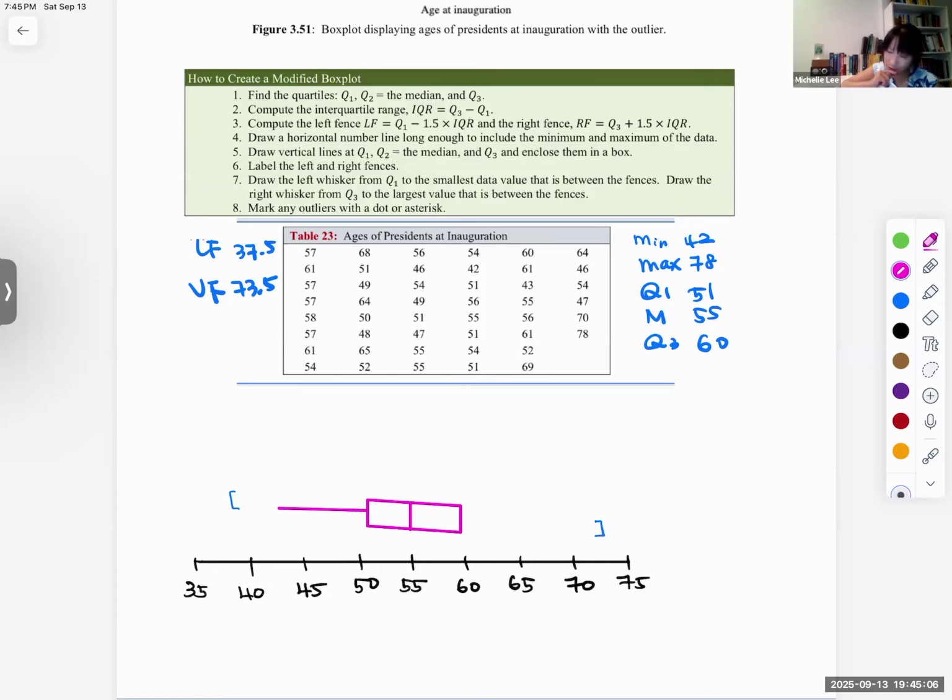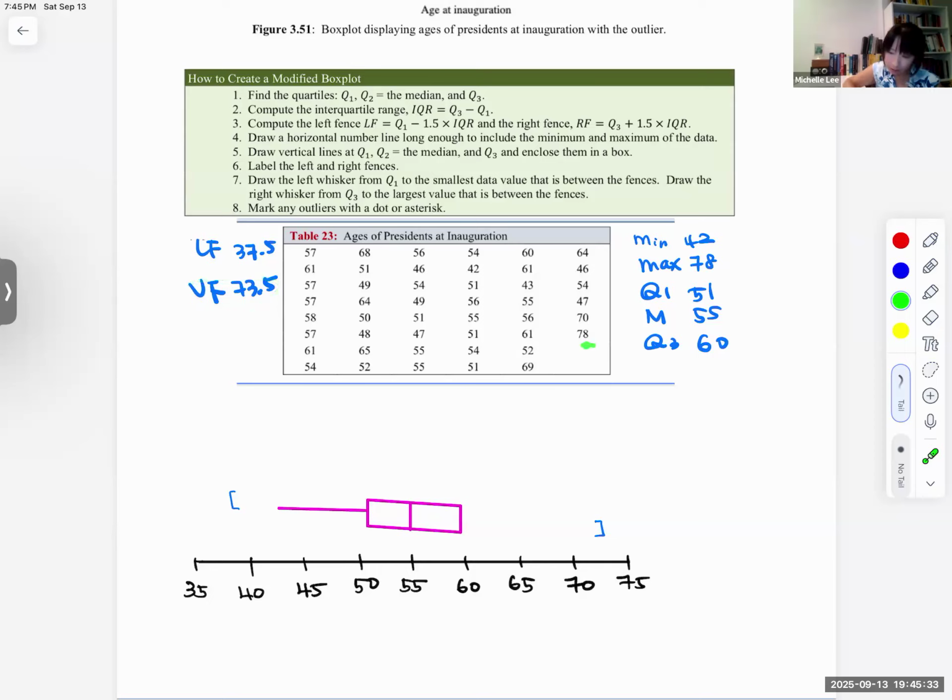And the whisker on the other side, we want to make it from Q3 to the maximum, which is 78, which is the outlier. And then the upper fence is 73.5. Which data value is close to the upper fence? 73?